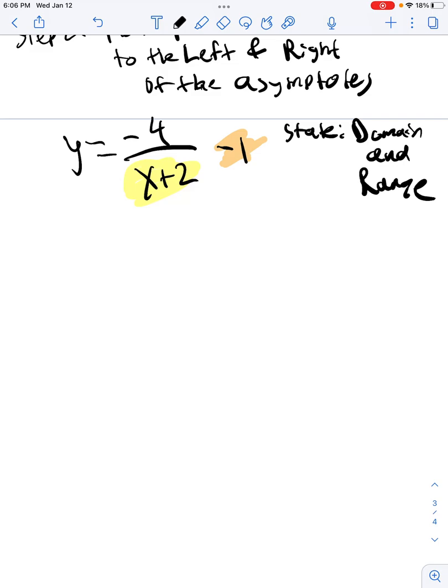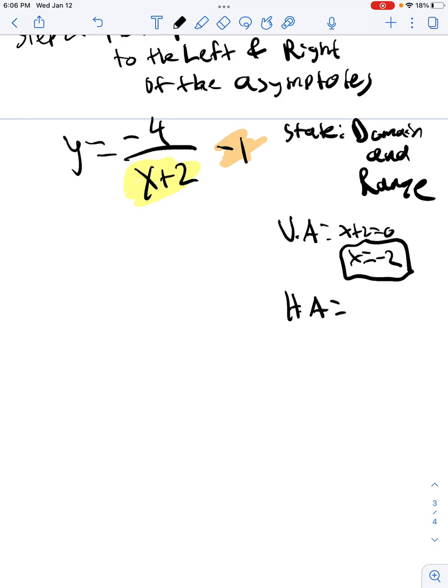So that's telling me that my vertical asymptote is x plus 2 equals 0, so x equals -2. That's my vertical asymptote. My horizontal asymptote is just going to be y equals -1.